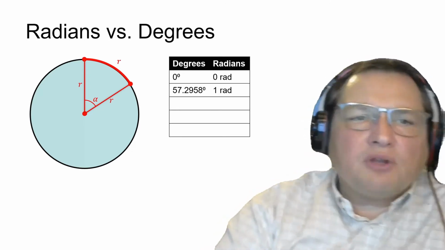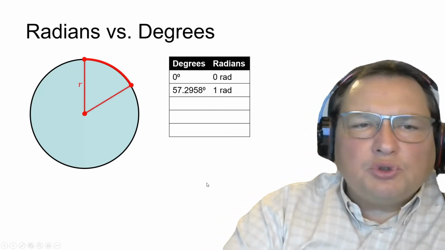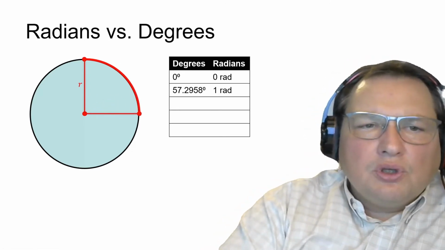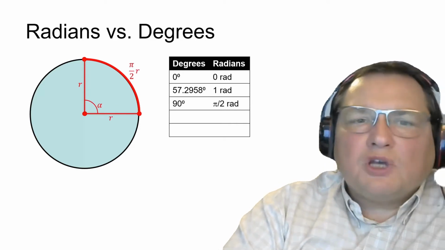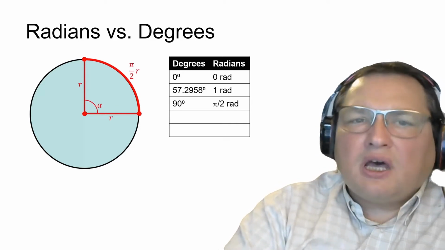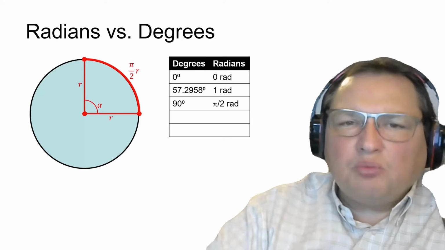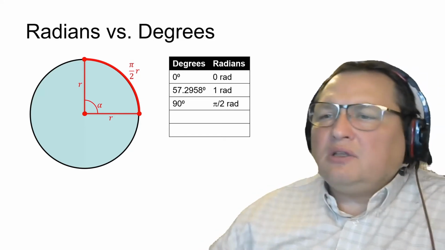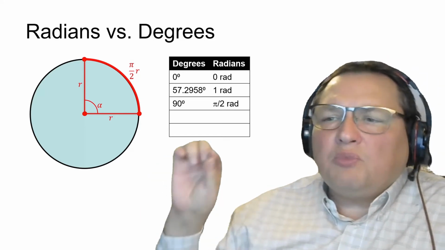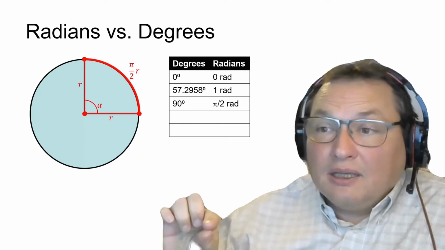Okay, going further, we arrive at the right angle, 90 degrees, and in the radian measurement, it's exactly 1/2 of the number pi.